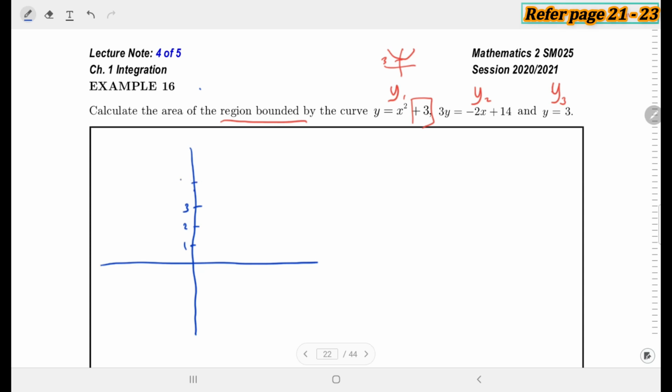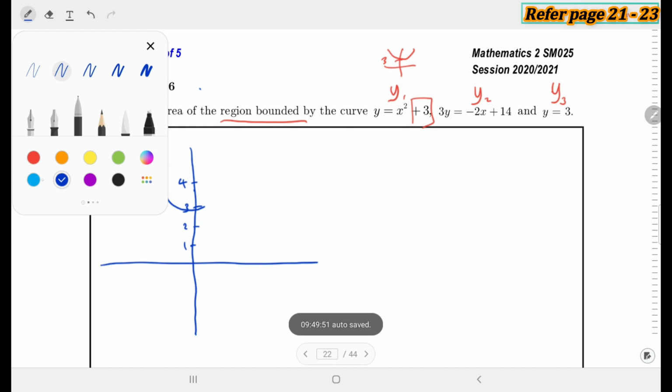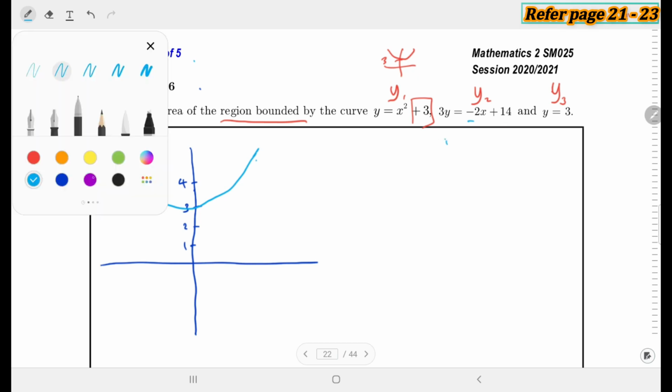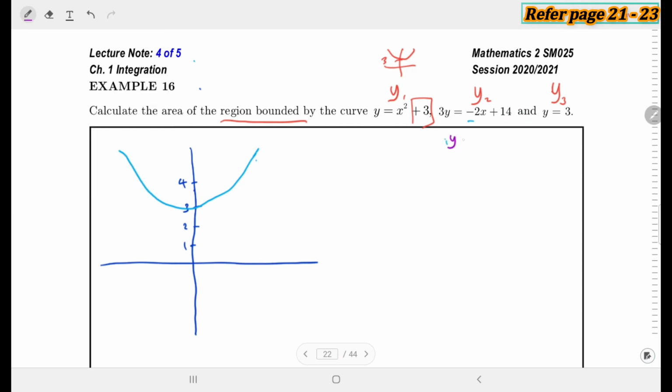The second function has a negative gradient. Using the blue color for the first, and then purple for this graph with a negative gradient: y equals negative 2 over 3 x plus 14 over 3.